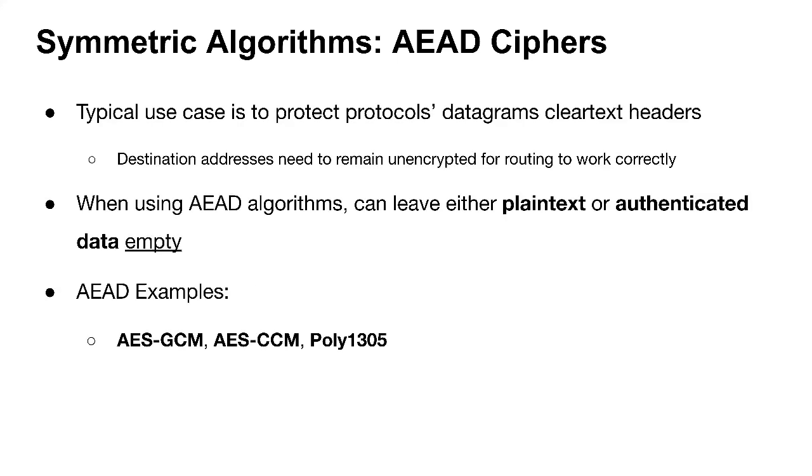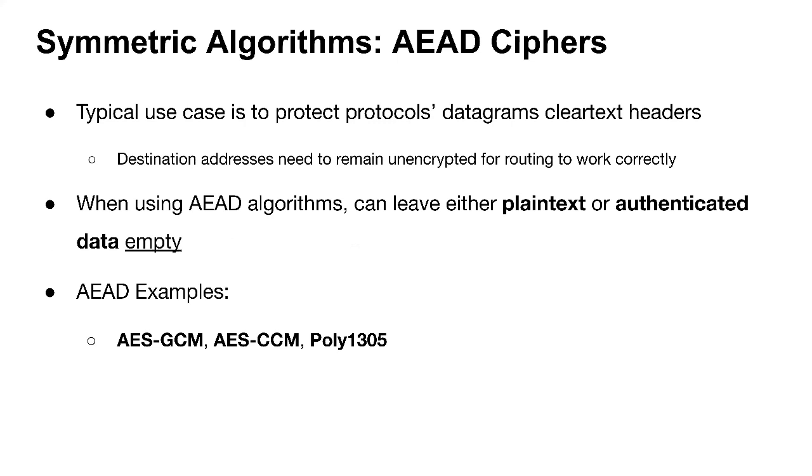A typical use case of an AEAD cipher is to protect a protocol datagram's clear text headers, where you might not be concerned about the header itself being encrypted, but you still want to verify the integrity of that header. For example, destination addresses need to remain unencrypted for routing to work correctly.